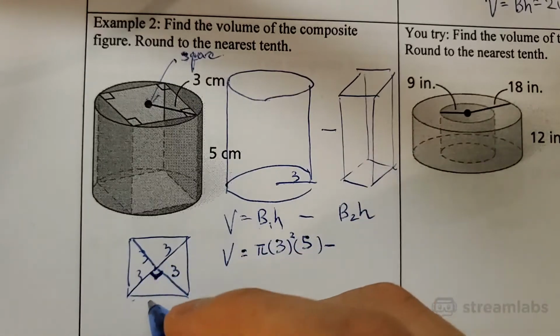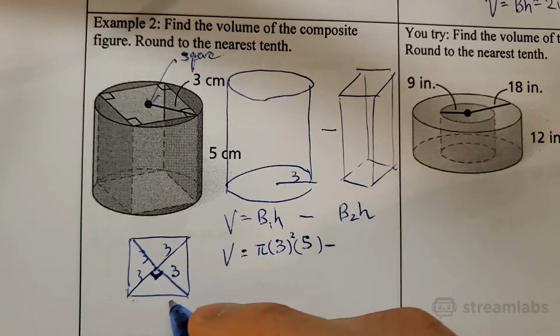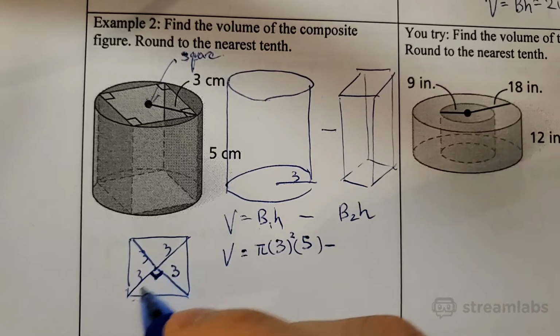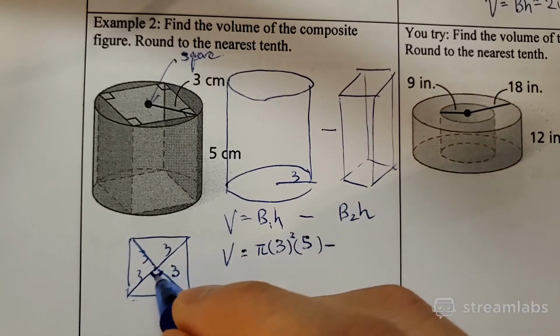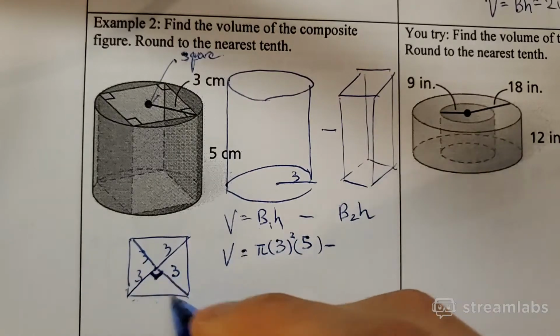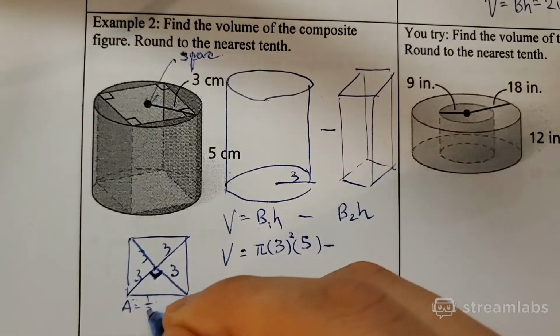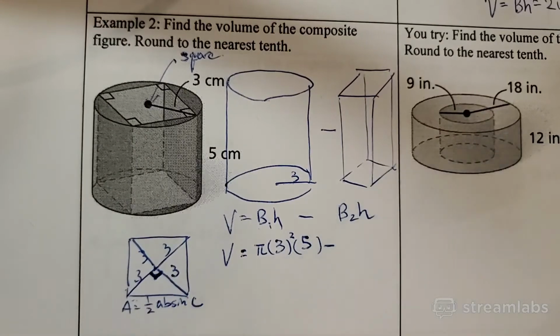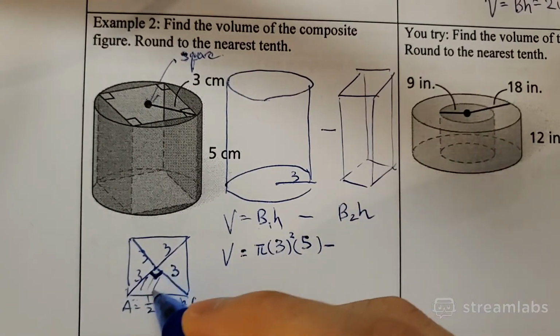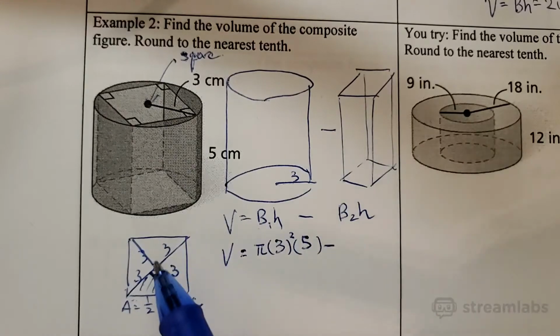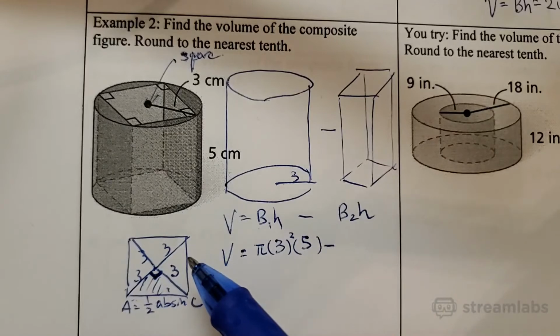Then we can use the Pythagorean theorem to find this length, right? That's one way to find the area. The other way is that since I know this angle and I know these lengths, I can also use, remember, area equals 1/2 AB sine C? You can use that formula to find the area of this triangle times 4. That's also a way. I don't know which way you use, as long as it gives you the area. Then I don't care how you do it, okay?